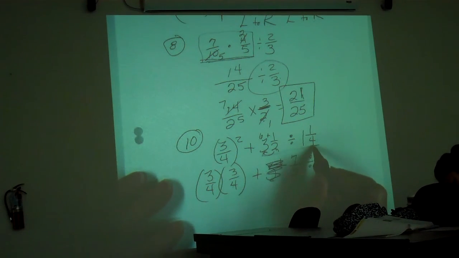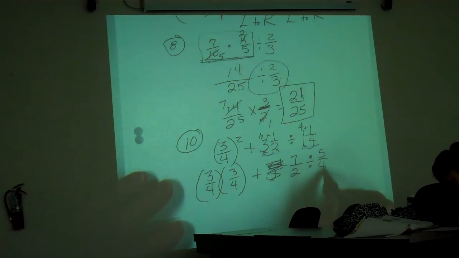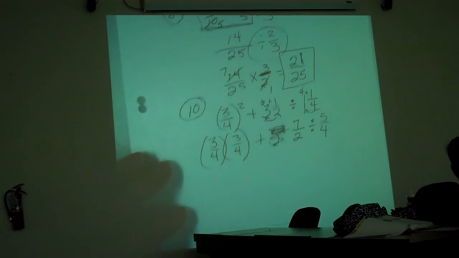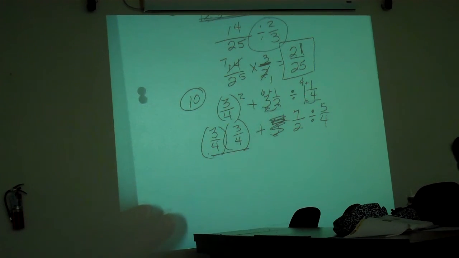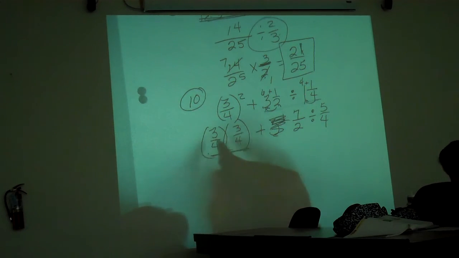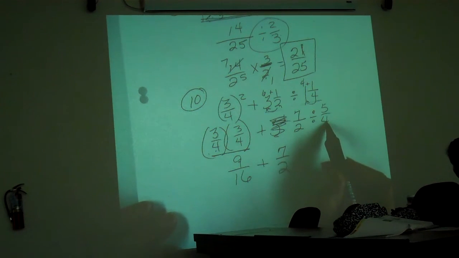Divided by 4 times 1 is 4, plus 1 is 5/4. Okay. This multiplication we're going to do 3/4 times 3/4. 3 times 3, and then 4 times 4. Plus 7/2. We're dividing by 5/4.